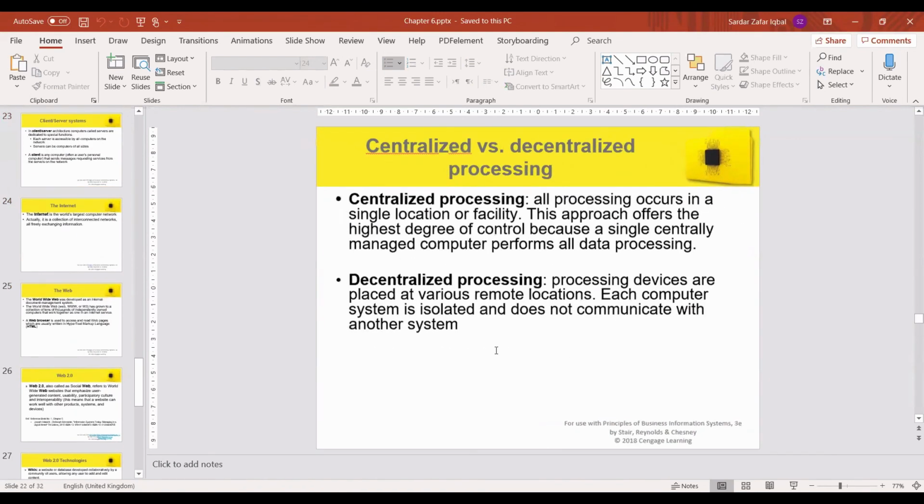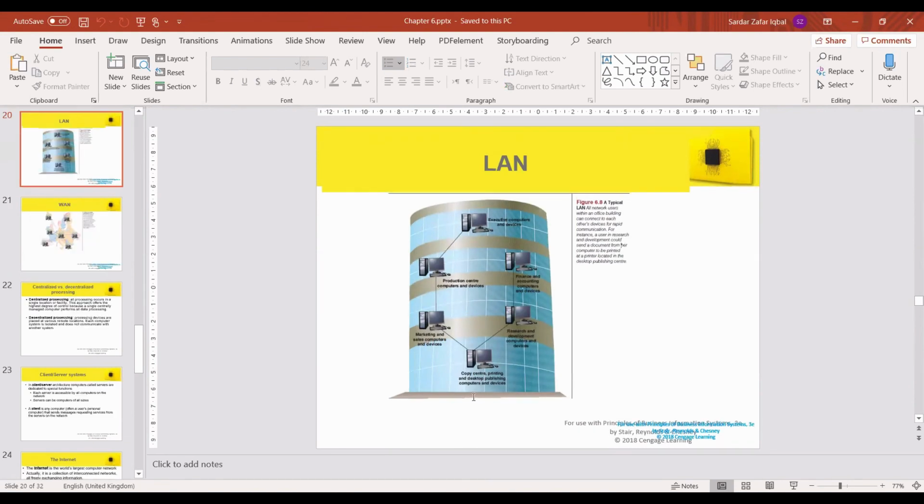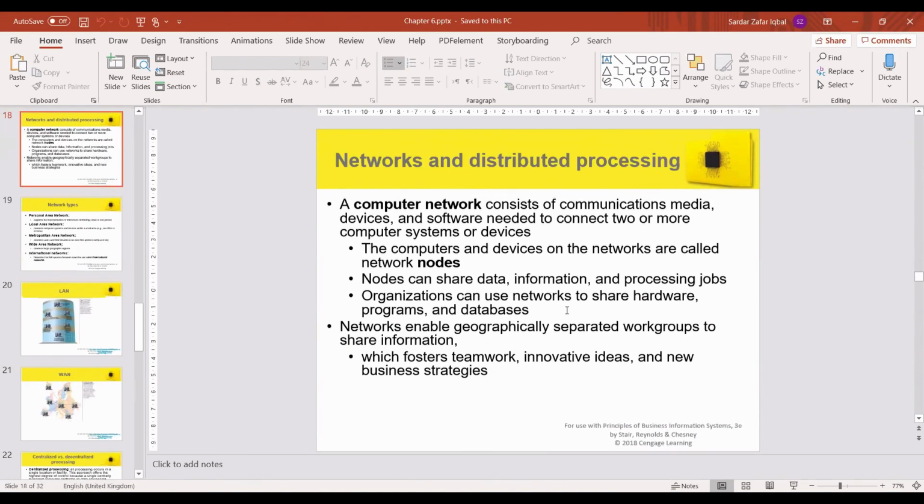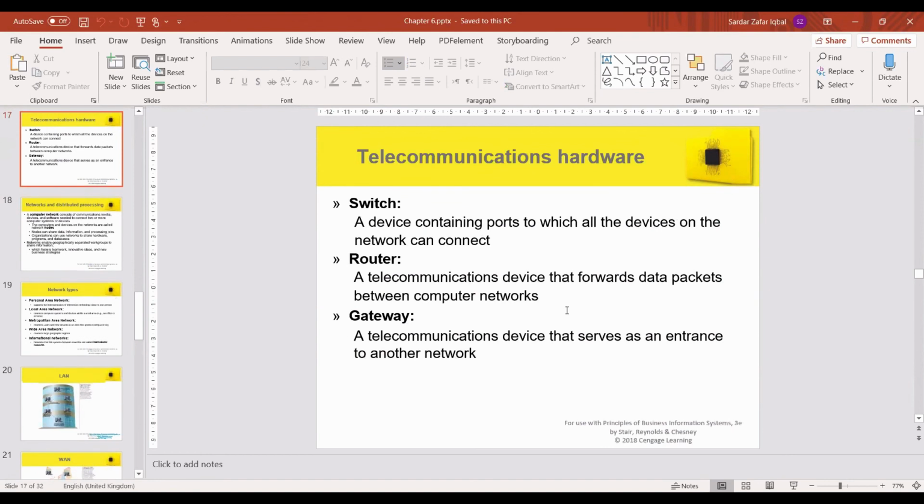I can ask you what is the difference between these networks. So anything that you have to write there is called a descriptive question. Whether you write a definition, you write in points. Okay, is that clear? Yes.